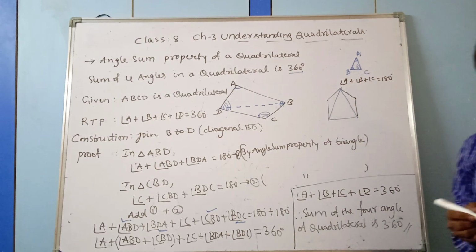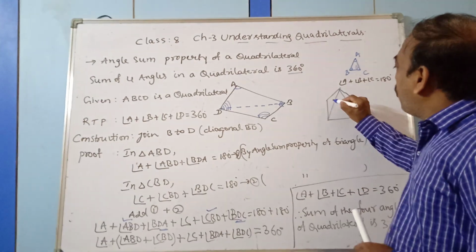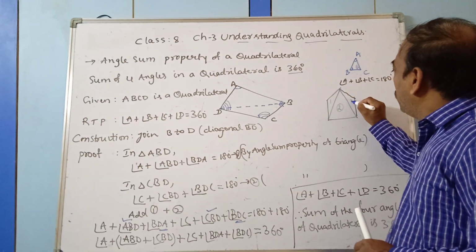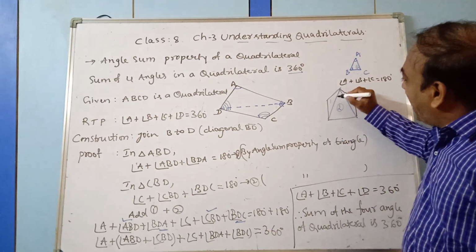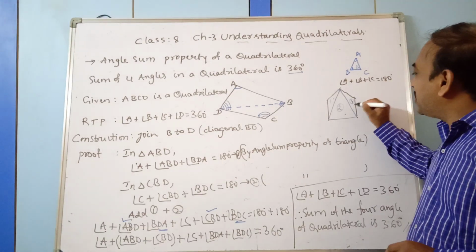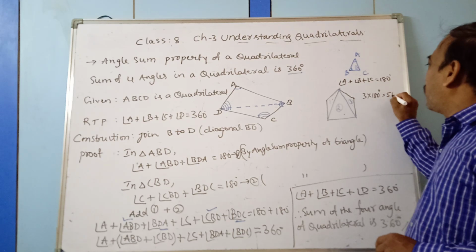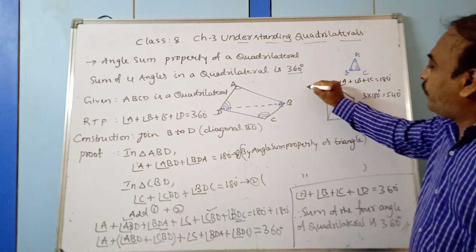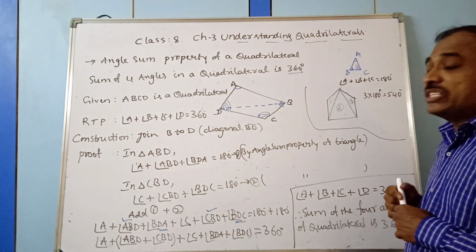How many triangles are there totally? 1, 2, 3. So the sum of the angles of a pentagon: each triangle is 180 degrees, so 3 into 180 degrees will be equal to 540.